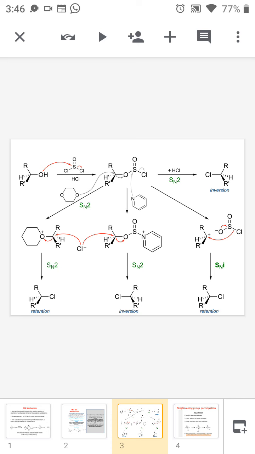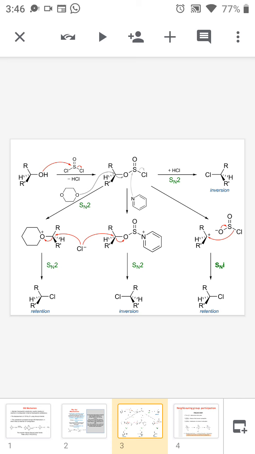And in the middle case, we used the solvent pyridine. The pyridine is attacking the transition state from the opposite direction. So that's why we will get an inverted product, and this is an example of an SN2 reaction. Whereas the third case is an example of SNi, where we will get a retention of configuration.